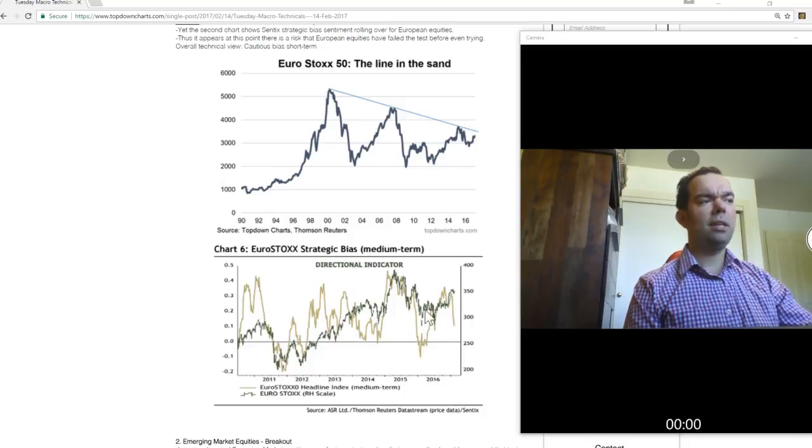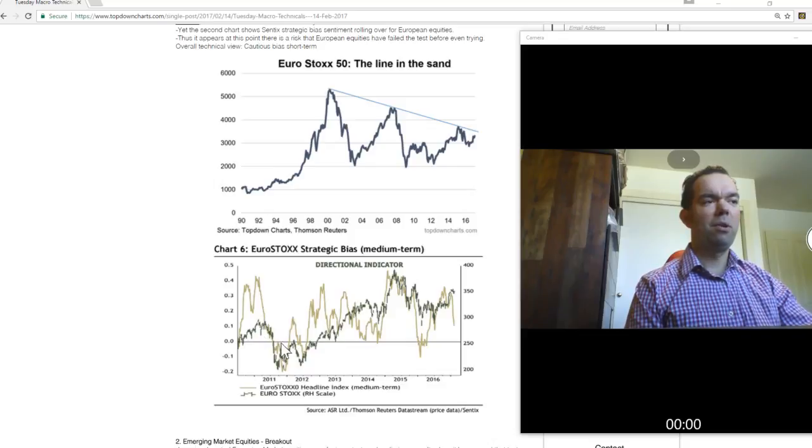And as you can see here, whenever that indicator's turned down, it really hasn't worked out too well for European equities. So when it turns down quite sharply like it did here, it can be a bit of a warning of some sort of sizable correction.